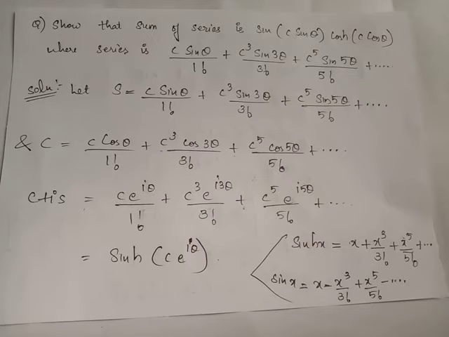We have hyperbolic sine, sinh x, has the series expansion x plus x cube by 3 factorial plus x raised to 5 by 5 factorial plus etc. This series is easy to memorize because we have sin x with the series expansion sin x equals x minus x cube by 3 factorial plus x raised to 5 by 5 factorial minus etc. In sin x, we have terms with alternate signs, but in the series expansion of sinh x, the hyperbolic sine function, there are no alternate sign changes.